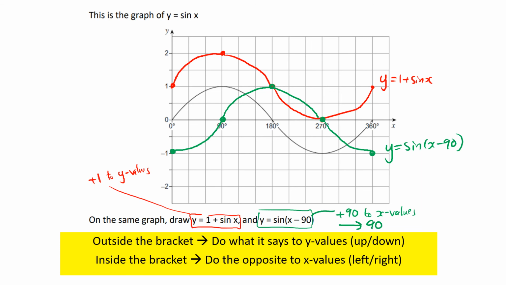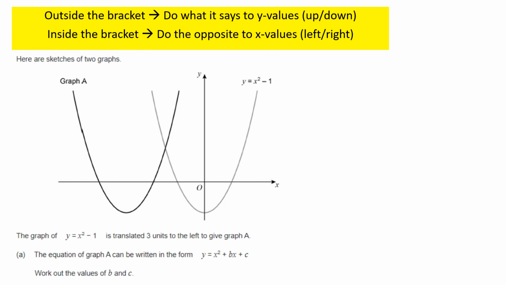Okay, last question. So this is very definitely a difficult one. It says we've got the graph of y equals x squared minus 1 translated 3 units to the left to give graph A. So it's moved across by 3. And it says we want to write the equation of this graph in the form y equals.